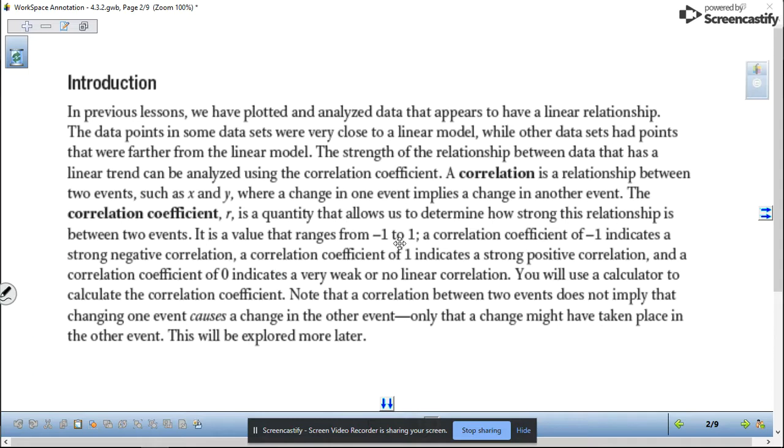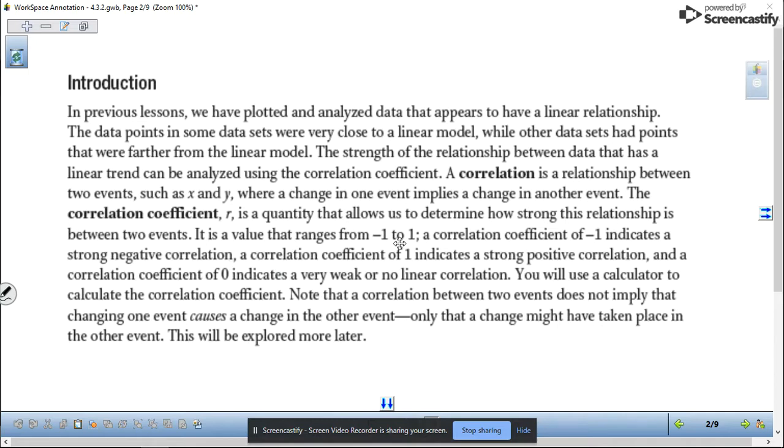It just means that the slope itself is positive. And the closer you get to 1, the closer all of the data points will fit that line. If it was exactly 1, that would mean that every data point was exactly perfectly on the same line. Okay, the closer you get to 0, the more scattered or spread out the data is, and the less of a perfect fit it would be.